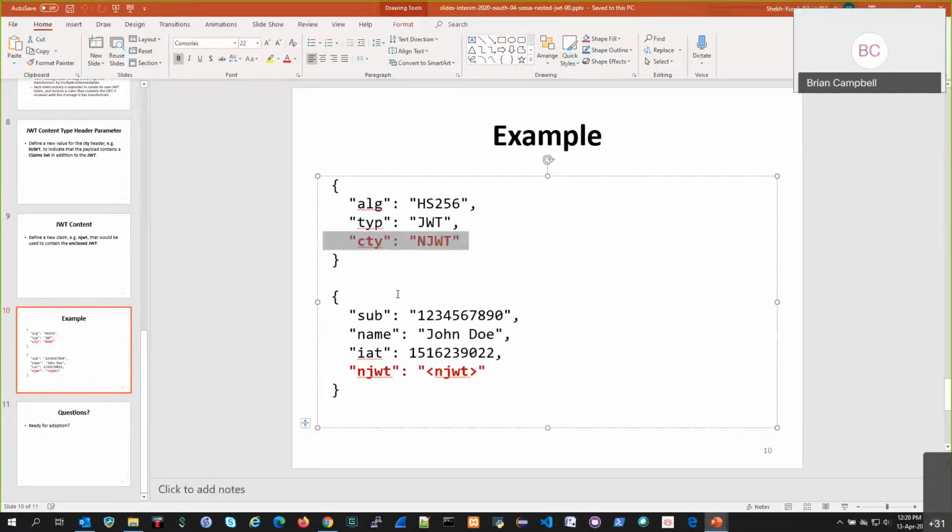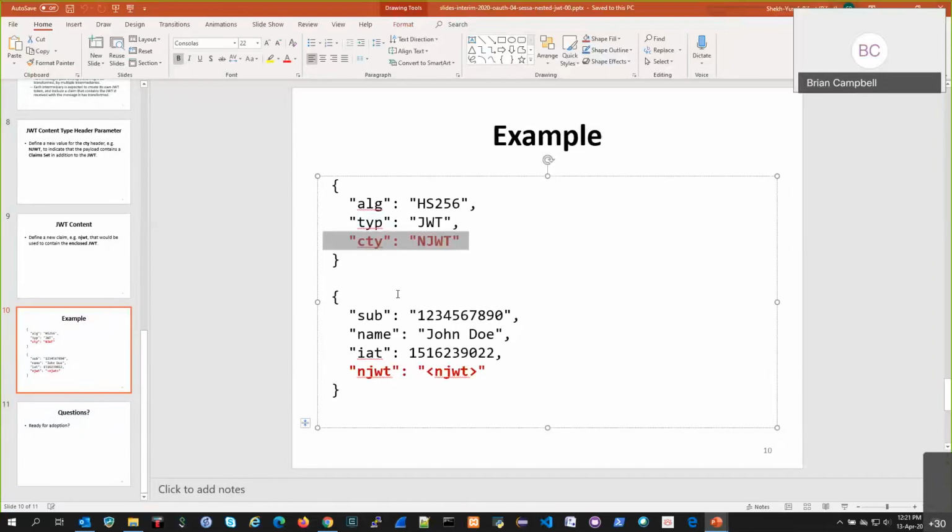Yeah, well, just taking it back to that example, or trying to borrow from how that works, the content type in that context is really useful for processing, because as you're rolling through processing the crypto layer of the JOTs, you're able to look at the content type and determine whether it needs to be further processed, like check the signature and so forth, or whether to expect that there's actually claims inside.